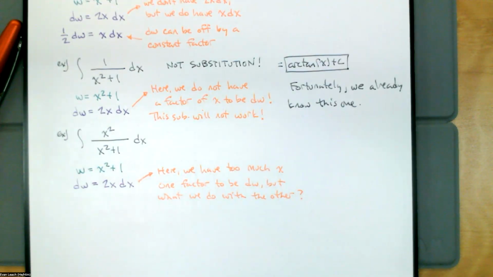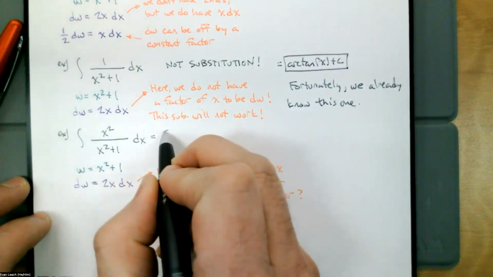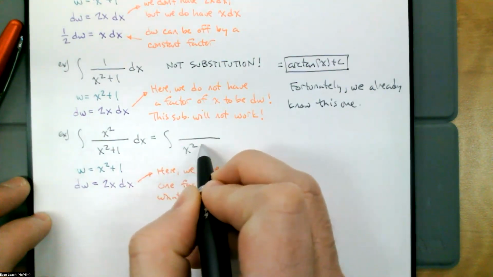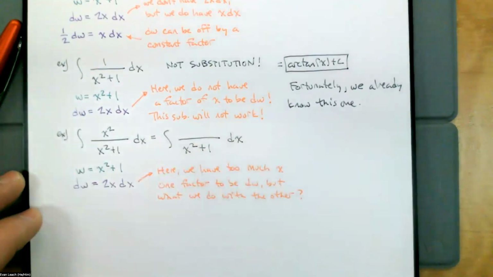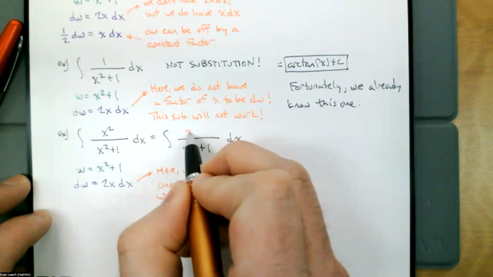The problem here is that the numerator is an x squared, and I only need one factor of x to be the dw's. I don't have anything to do with that other factor of x. That messes everything up. So up here, I've got two factors of x. It's x times x.